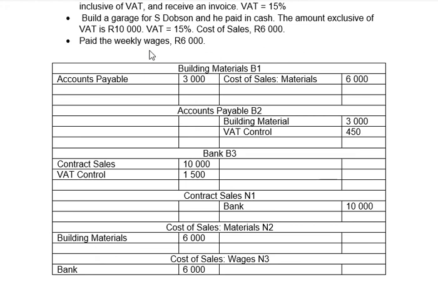Pay the weekly wages, debit cost of sales wages 6,000, and credit bank with the 6,000. No VAT because it's an exempt item. There's no VAT charged on wages.